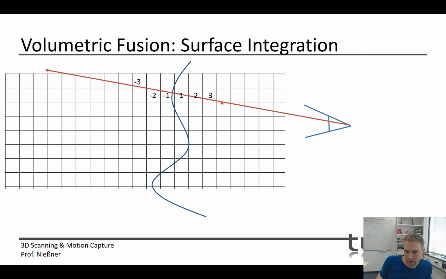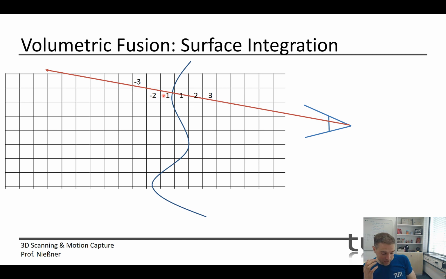This one would be 4 away, 5 away, 6 away, 7 away, 8 away, right? And so on. So this is in front of the surface here, and you measure the distance, how far this is away, right? You're doing the same in the other direction. What's behind the surface, you do the same thing, except that you're assigning negative values to it. So here we're assigning -1, -2, -3, because these are the distances of these voxels relative to this depth value.